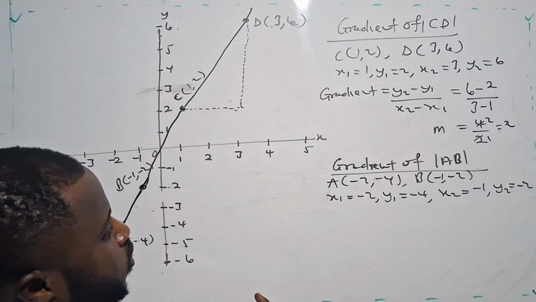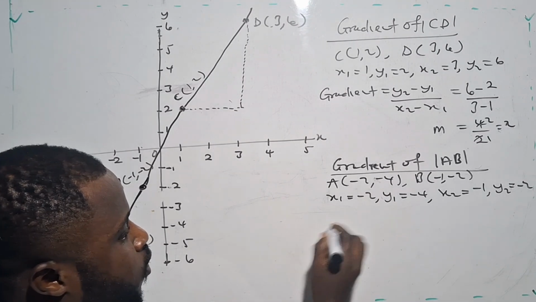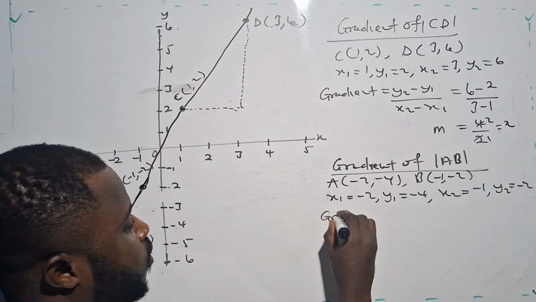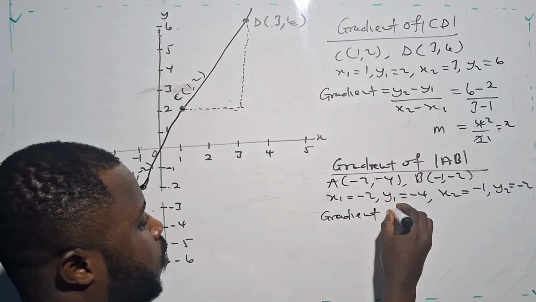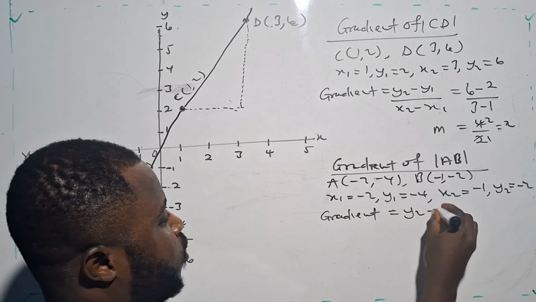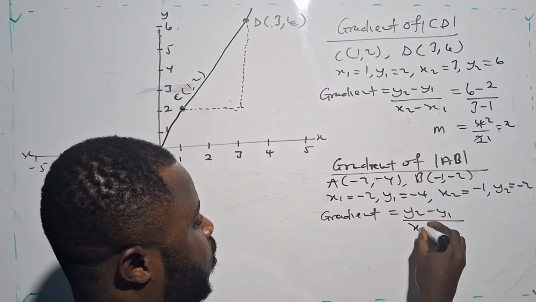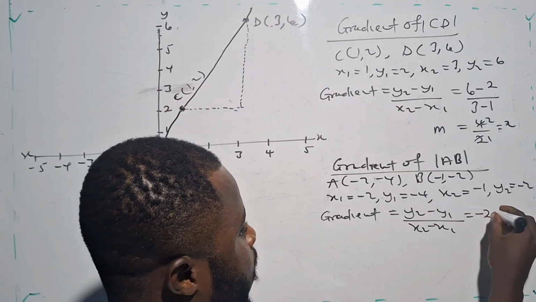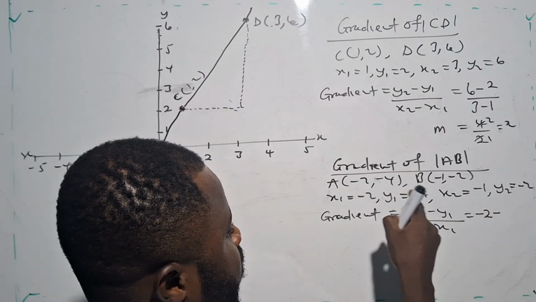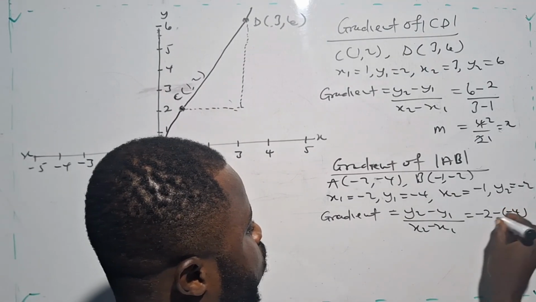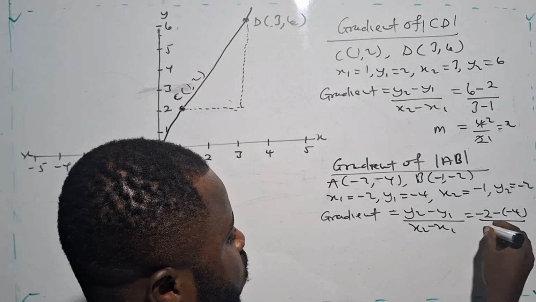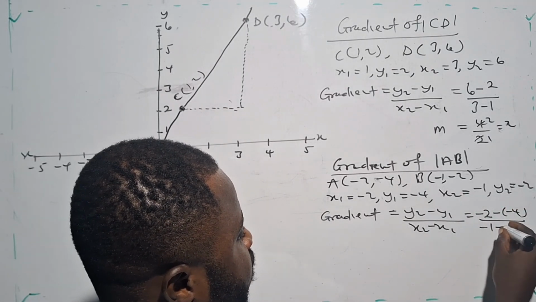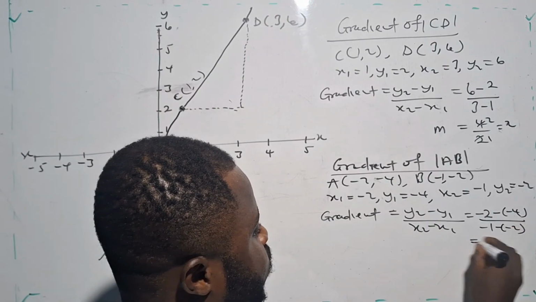So now follow closely. The gradient is Y2 minus Y1 over X2 minus X1. Now what is Y2? Y2 is -2 minus Y1, Y1 is -4. Then X2 is -1 minus X1, -2.